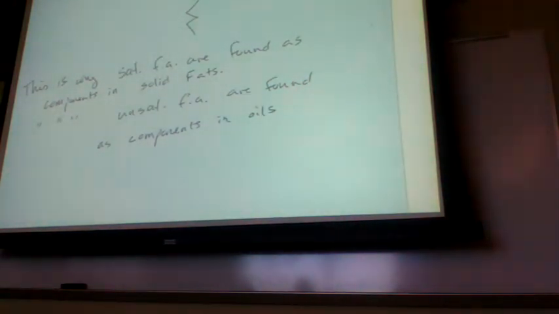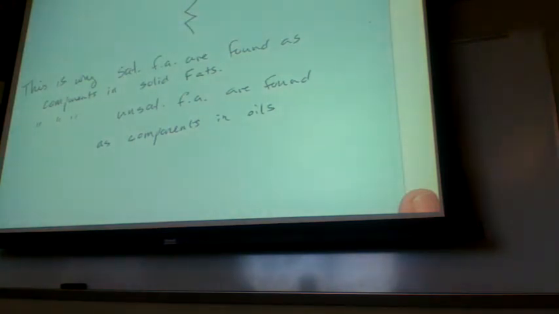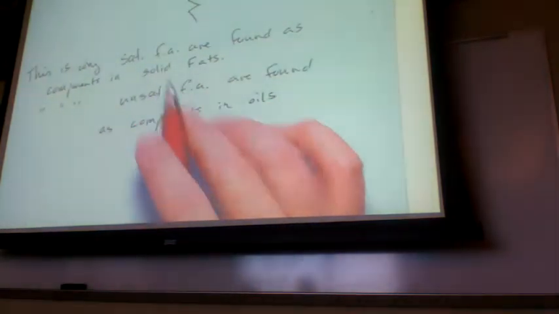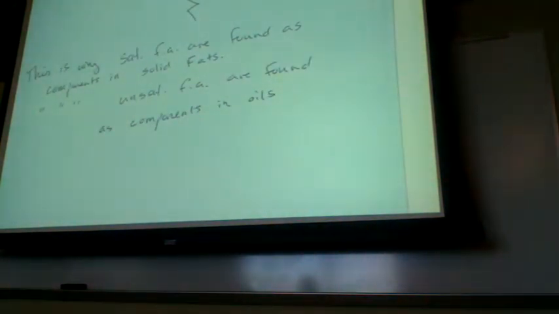And so you're an oil at room temperature because you've got carbon-carbon double bonds. You're a fat at room temperature if you have all saturated fatty acids present. Now the actual chemical structures of the fats and the oils is something different. That's getting into triglycerides, which are coming up in a bit here. But it's the fatty acid component that determines whether it's going to be a fat or an oil.